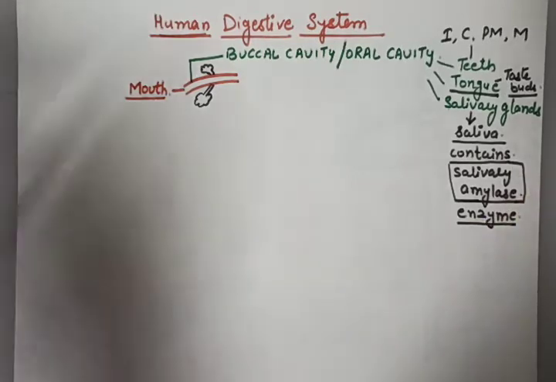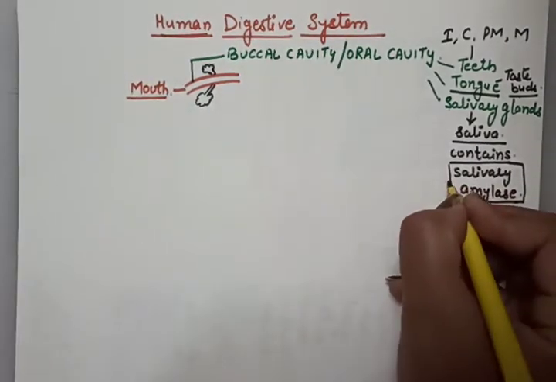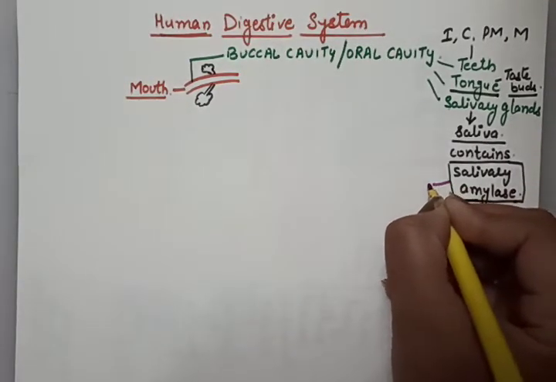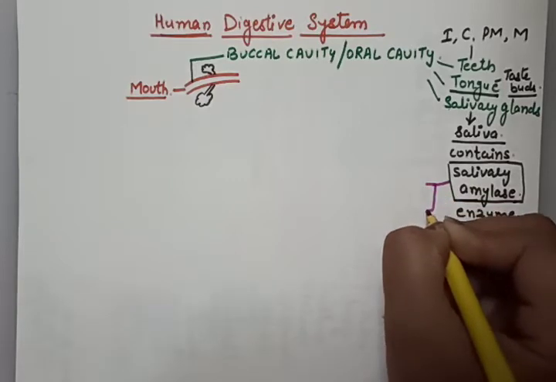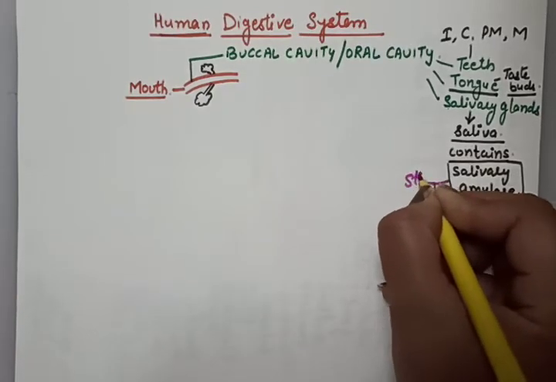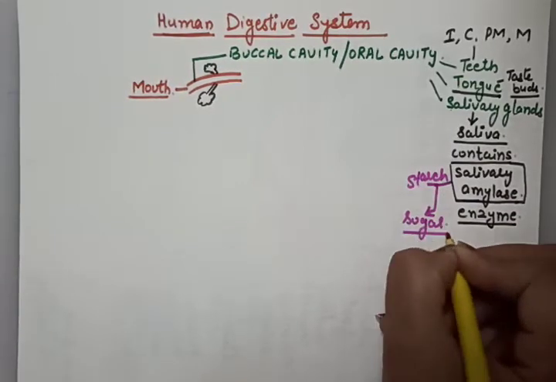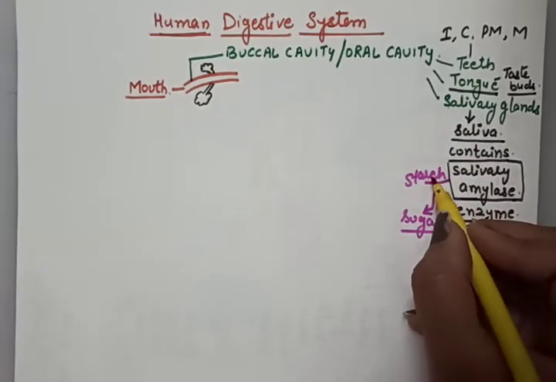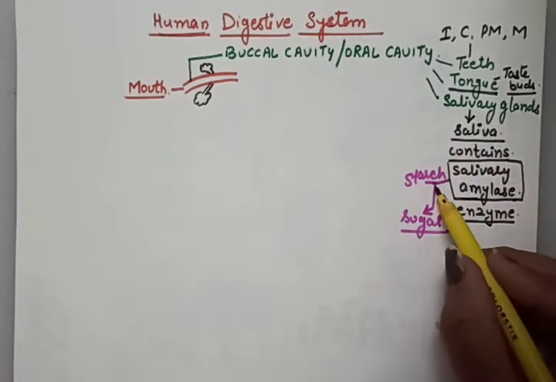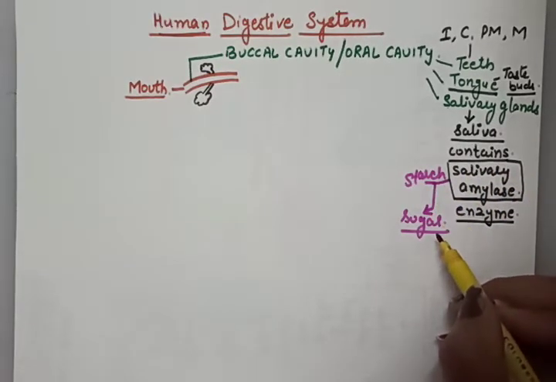Okay, this salivary amylase converts starch into sugar. Starch, that is the complex carbohydrate, it converts it into sugar.